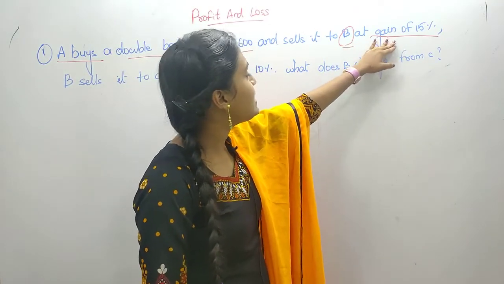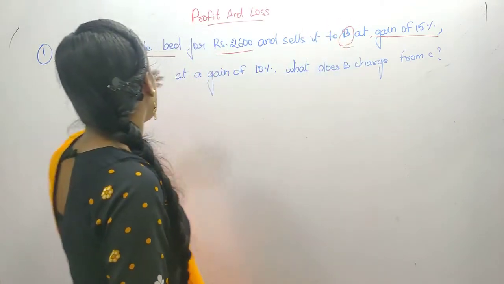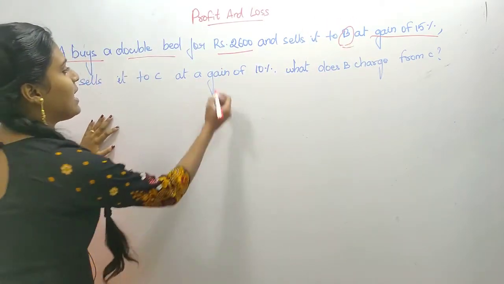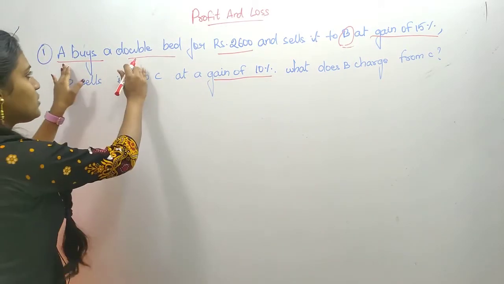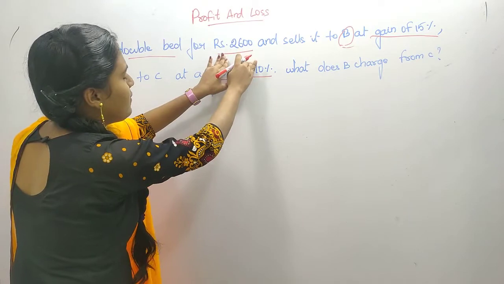Then B once again sells the double bed to C at a gain of 10%.